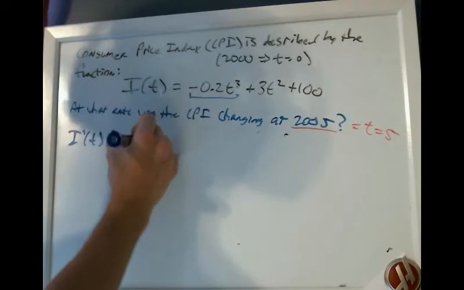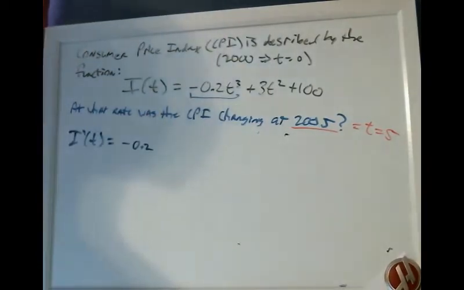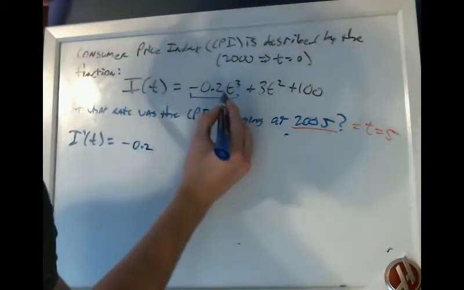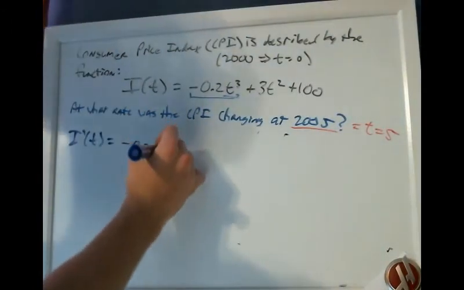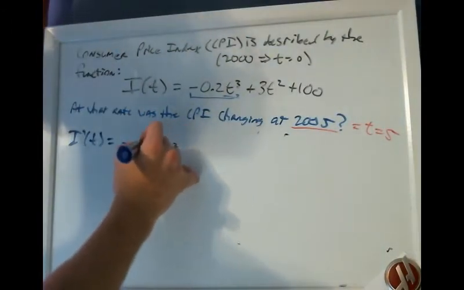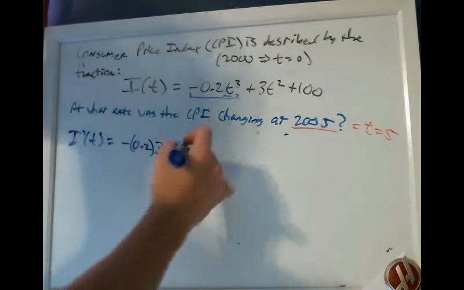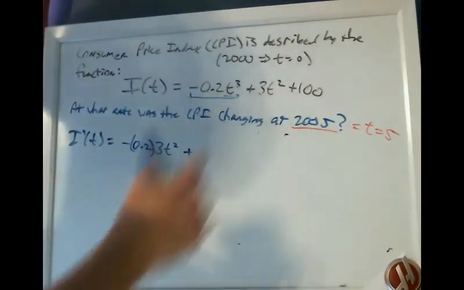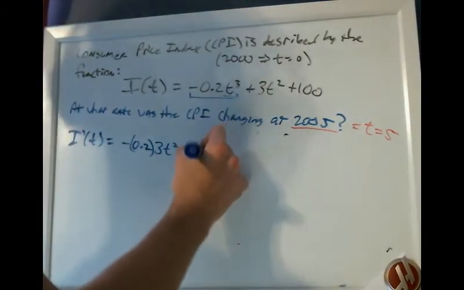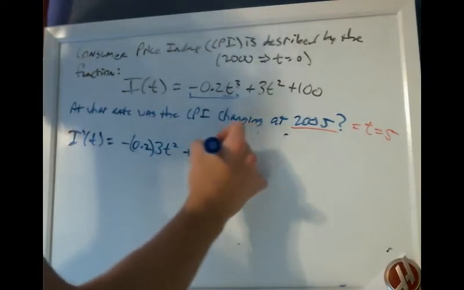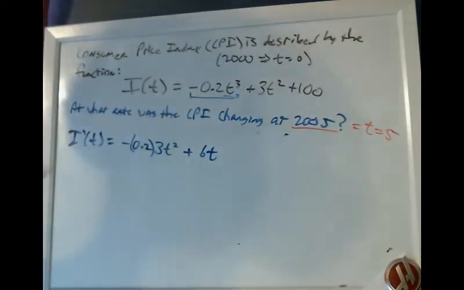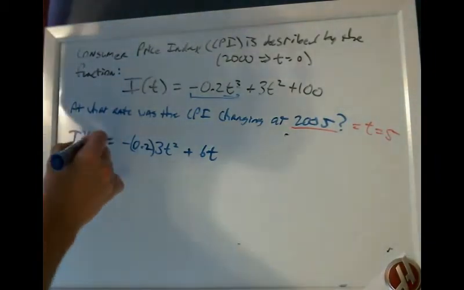The negative 0.2 is a constant and it stays put. Now let's do the power rule to the t cubed, which is going to be 3t squared. Okay. Plus 2 comes down to the 3. 3 times 2 is 6t. And that's it. Derivative of a constant, aka 100, is 0. So this is the derivative here.